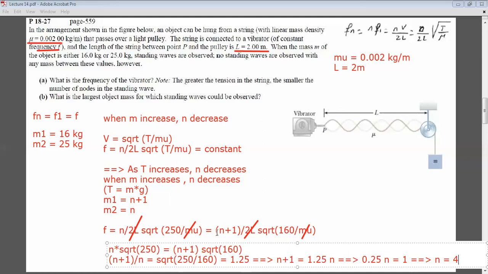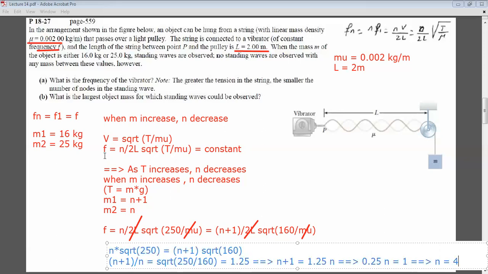Now, in order to calculate the frequency, I will just plug it in this formula.